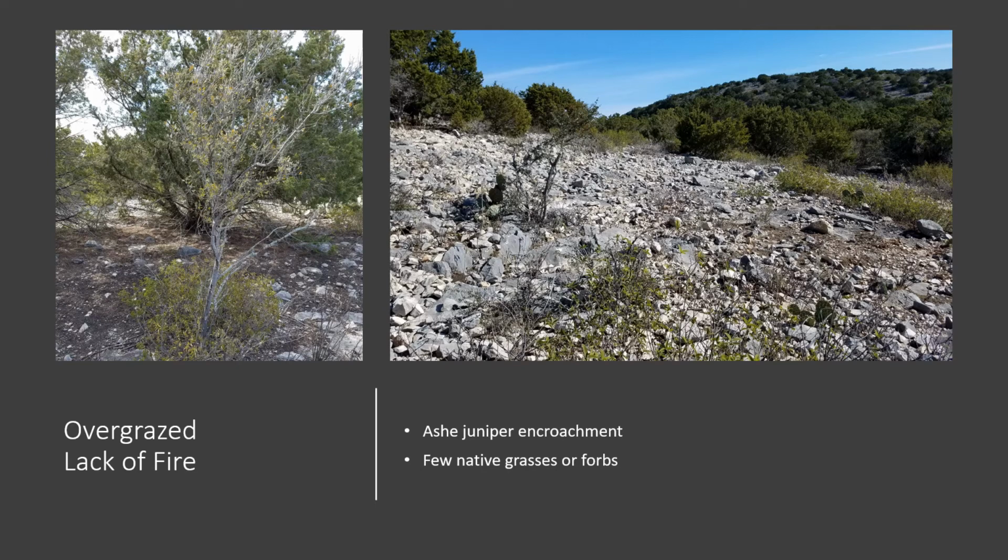And some of the most common previous land uses that have shifted plant communities in the Edwards Plateau include overgrazing and the lack of fire. So you can see here almost devoid of native grasses and forbs, and quite a bit of ash juniper encroachment. So that has really altered the way things look today.